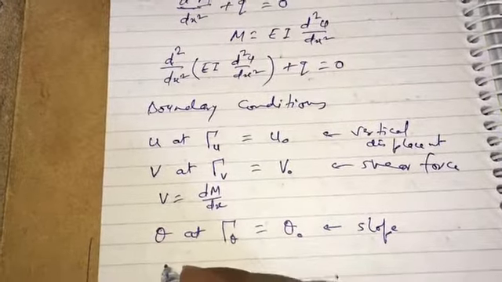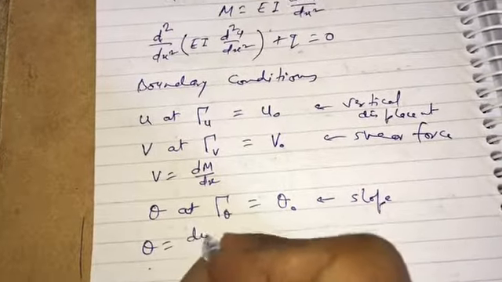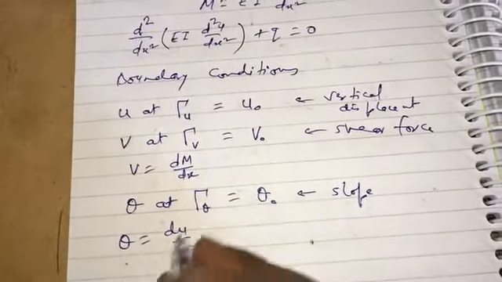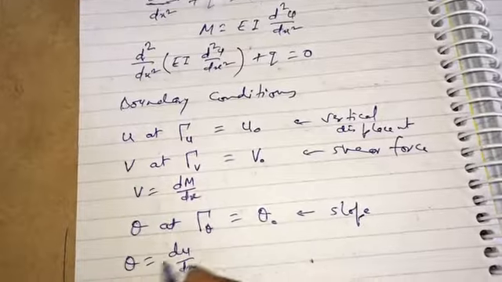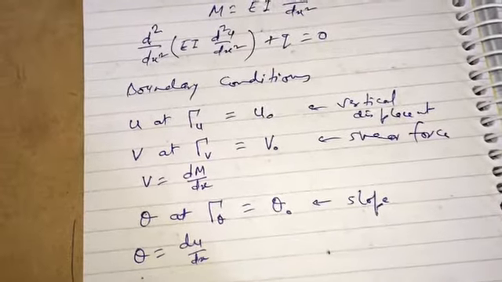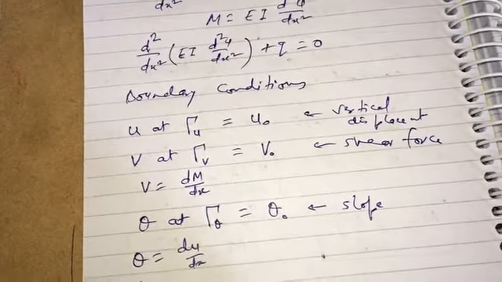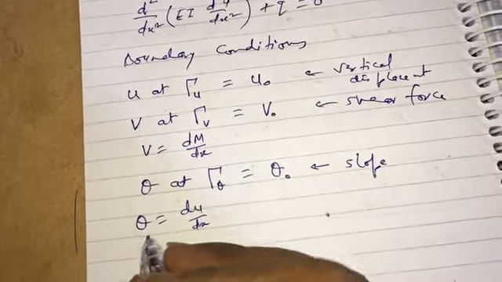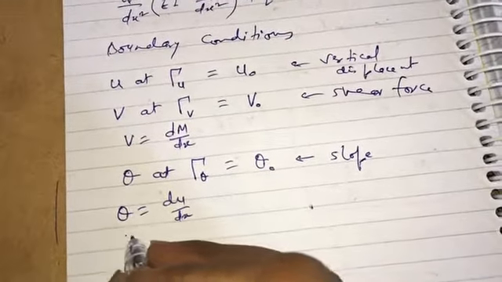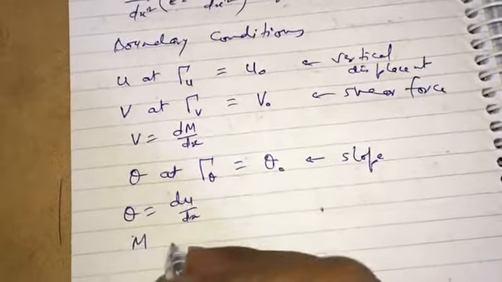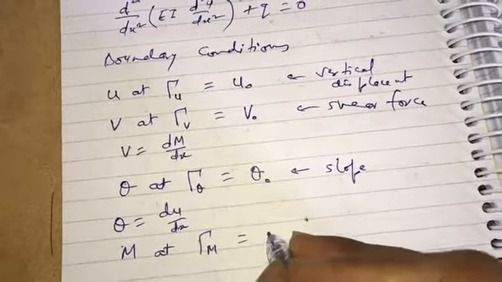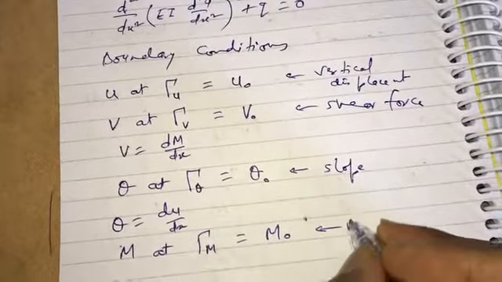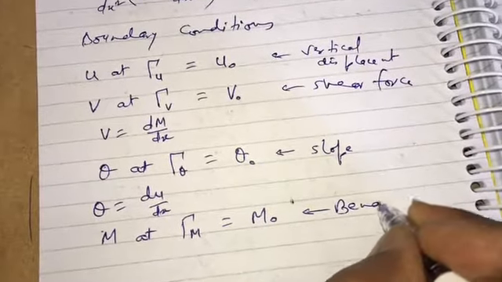Theta is actually du over dx. And the corresponding force is the bending moment, so M at gamma M may be given as M naught. So bending moment may also be given.